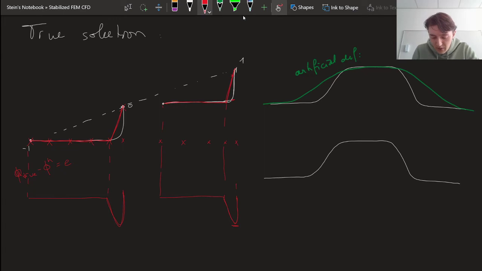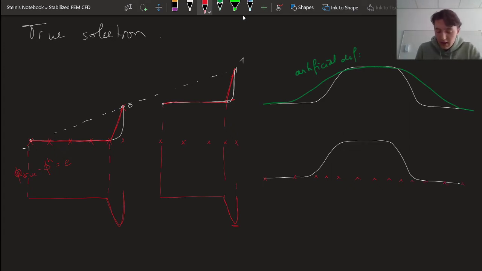Again, let's draw a mesh. Something like this, maybe something like that. Now let's put one element in between there, one at the end, something like this.